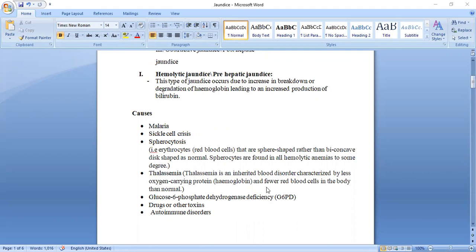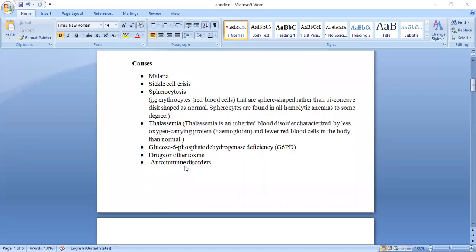This enzyme is deficient in our blood, and because of this deficiency it causes hemolysis. That is the major cause here. Then drugs or other toxins, meaning medicines or other toxins, and autoimmune disorders.